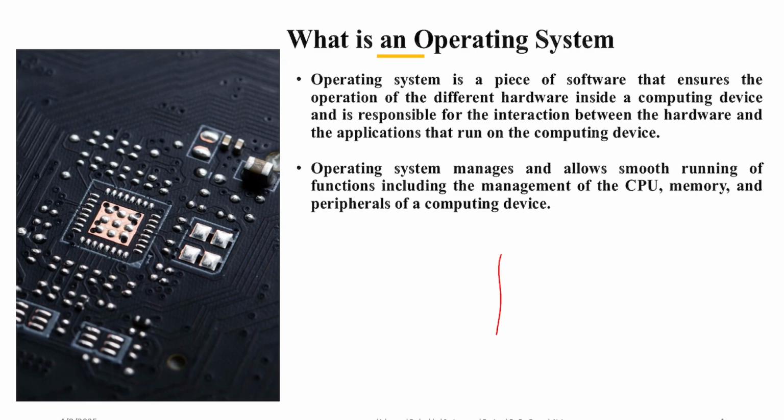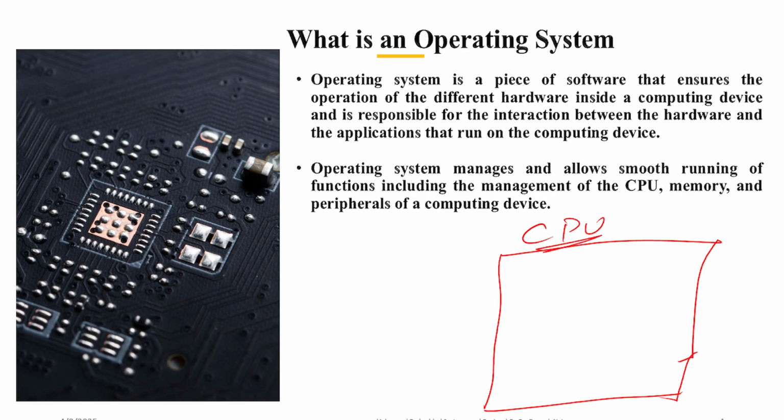For example, if I am talking about a CPU, there are two ways we can visualize a CPU. One, the CPU in which you have the SMPS which handles the power supply and all, and then in the core we have a microprocessor, we have RAM, and we have HDD and so on.